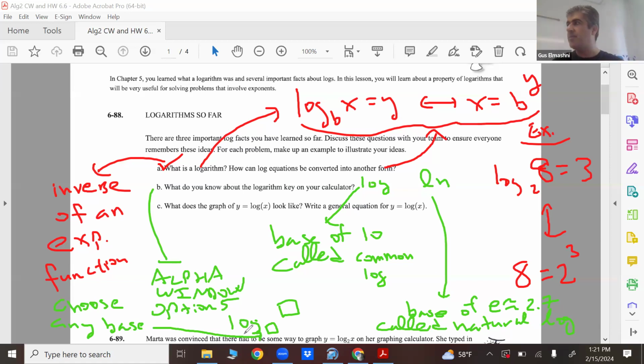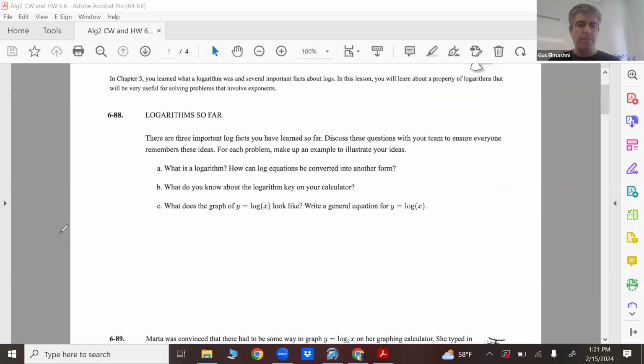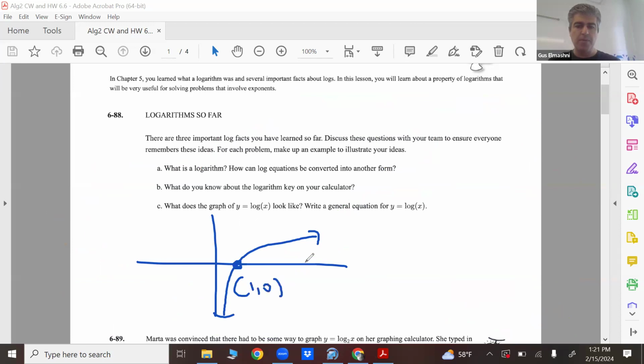Any questions so far? All right, and then last bit. Let me clear this. For part C, what does the graph of log x look like? It looks like this. Point 1 comma 0. Point 10 comma 1.